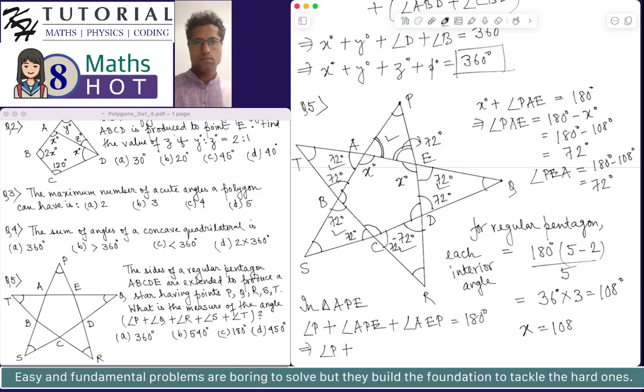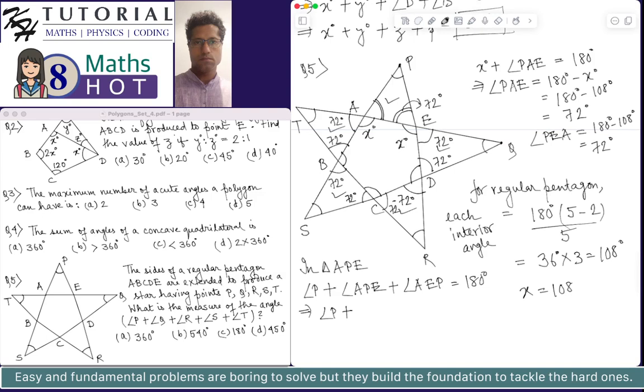We know that angle APE and angle AEP are both 72 degrees. So angle P is equal to 180 degrees minus 2 times 72 degrees, that is 144 degrees, which is equal to 36 degrees.